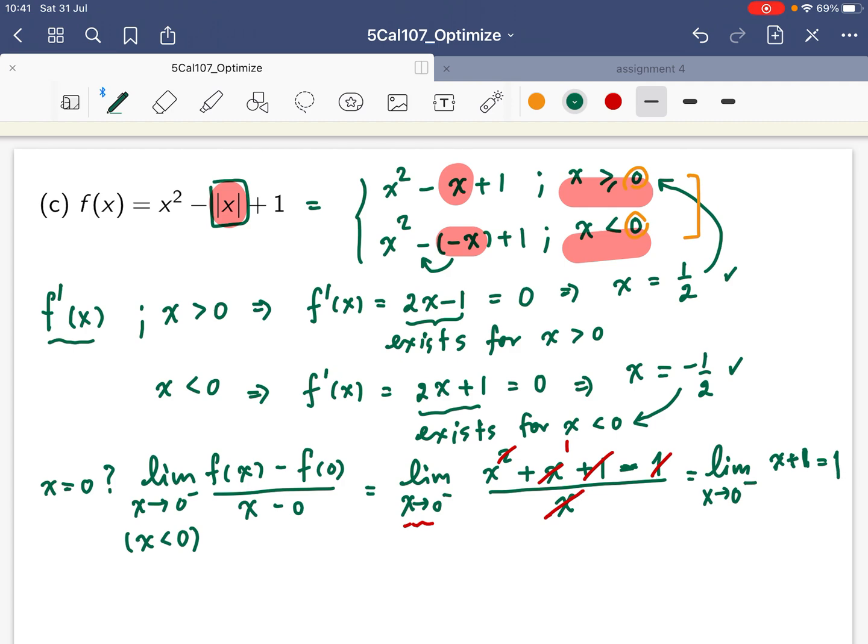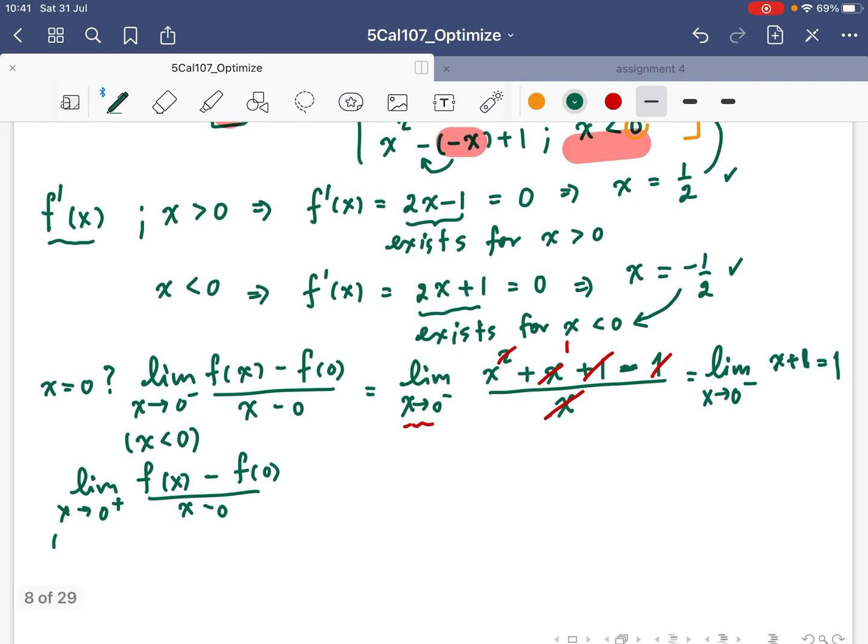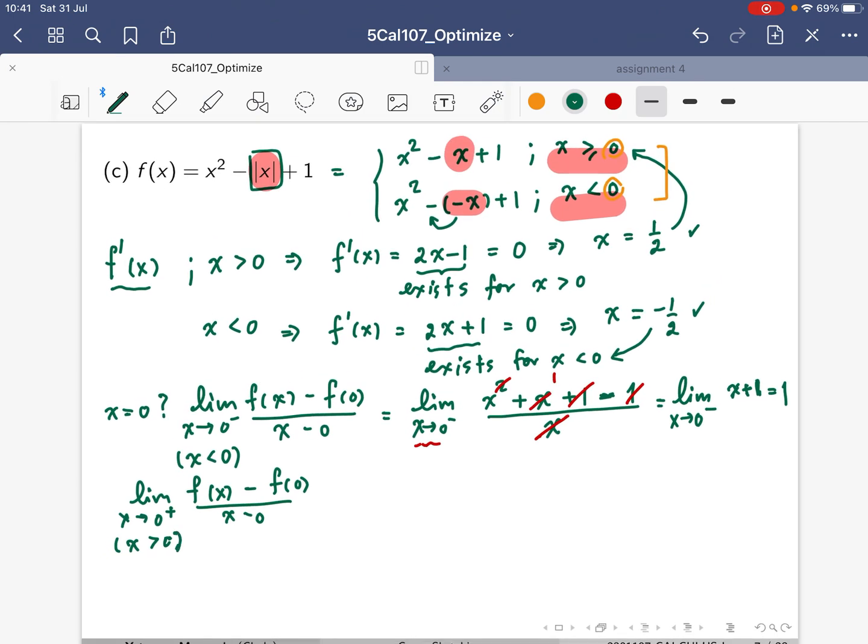However, if you look at the other way around, as x goes to 0 from the right, it means that your x is positive, right? So if your x is positive, you use the upper formula, which is the one with negative.